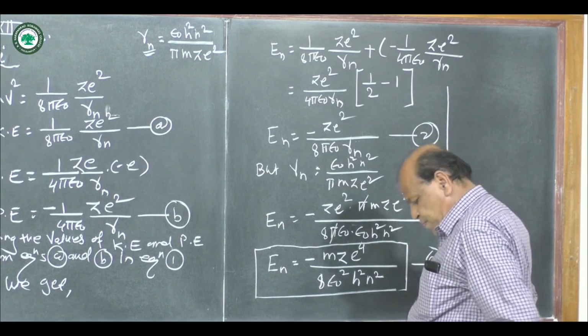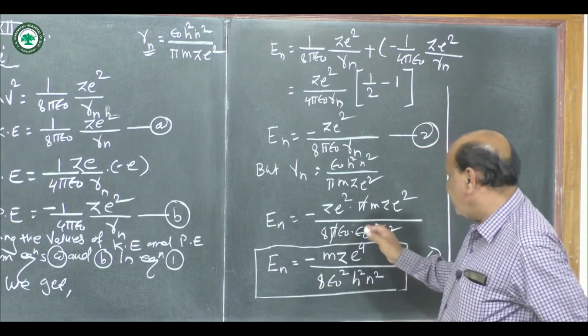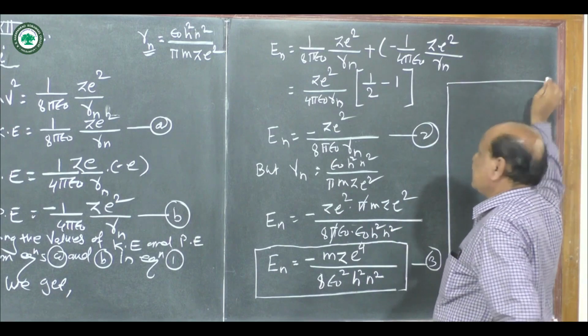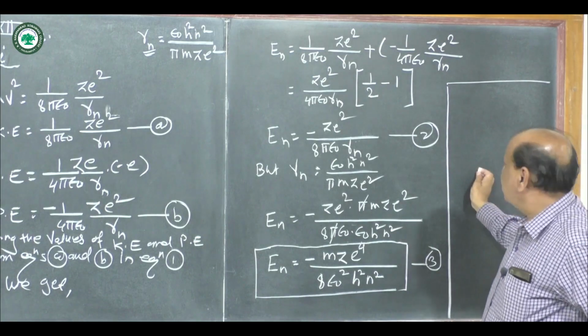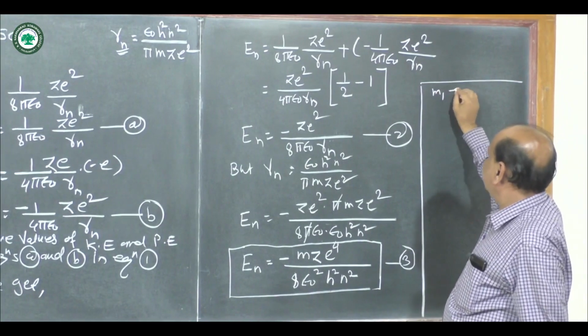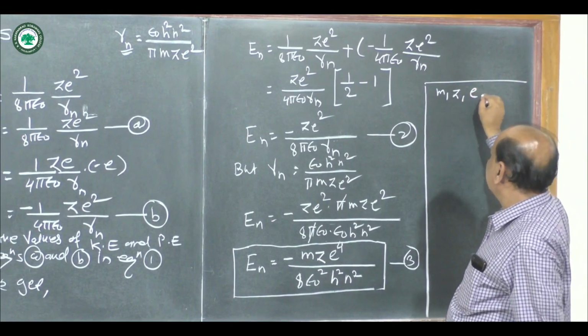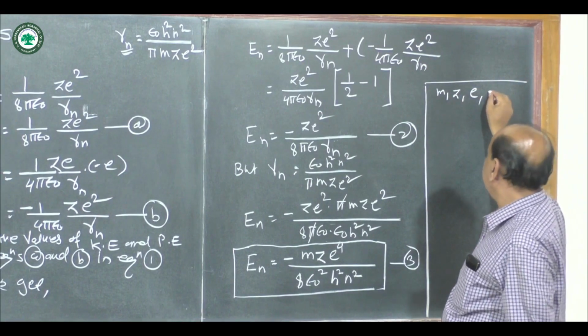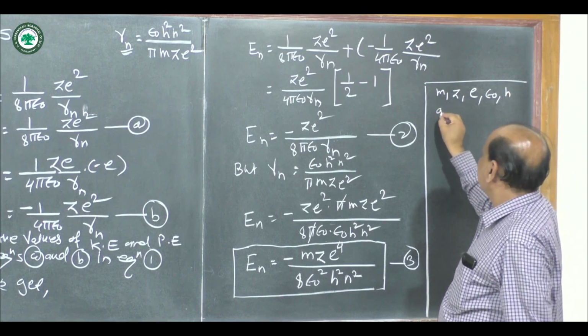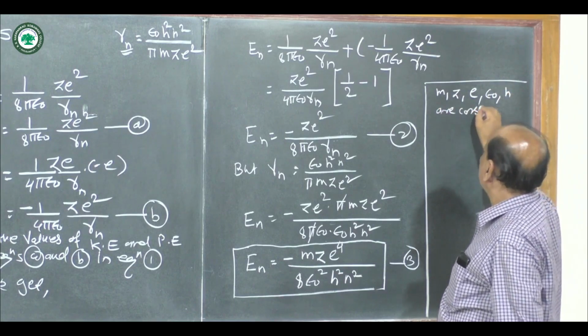Now here we can again modify this equation. The mass, the atomic number Z, the charge on the electron e, epsilon 0 and h, these terms are constant.